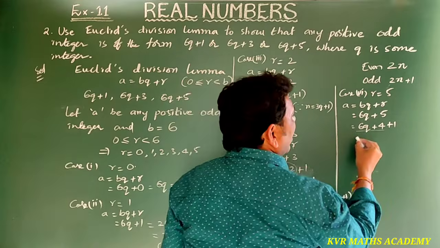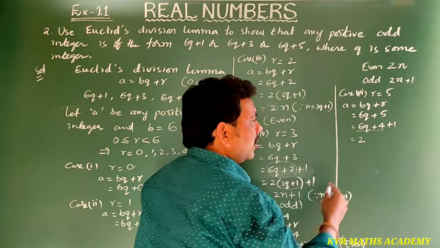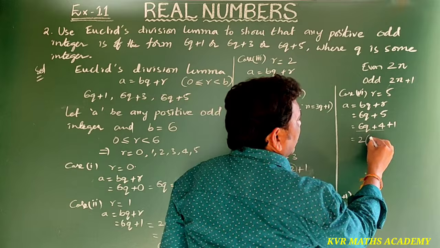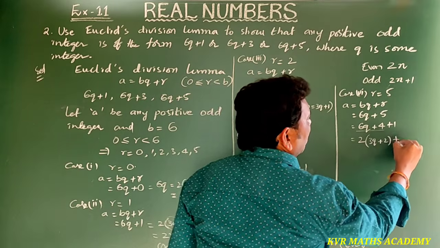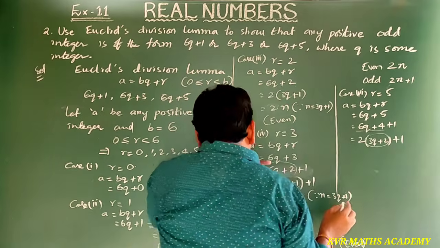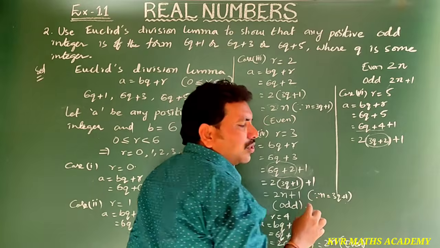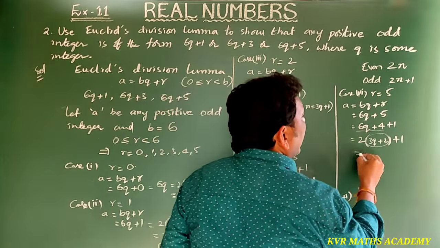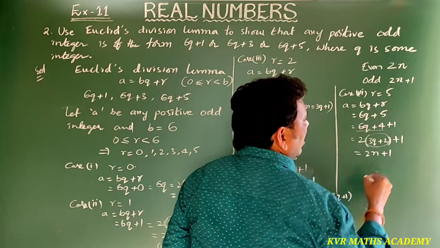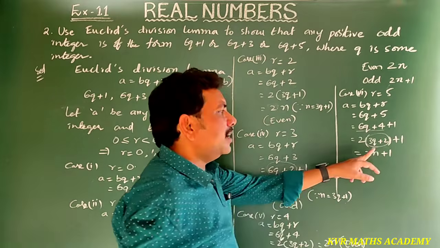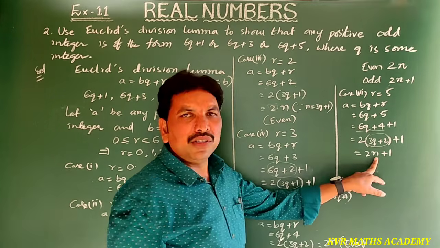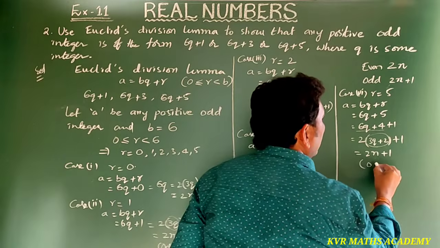In these both, 2 is the common thing. This is 2 into 3q plus 2, plus 1. Taking 3q plus 2 as n, we get 2n plus 1, where n is any positive integer. So this is odd.